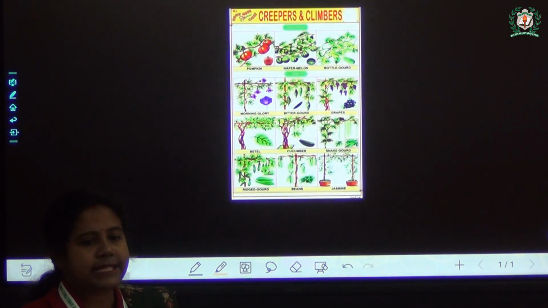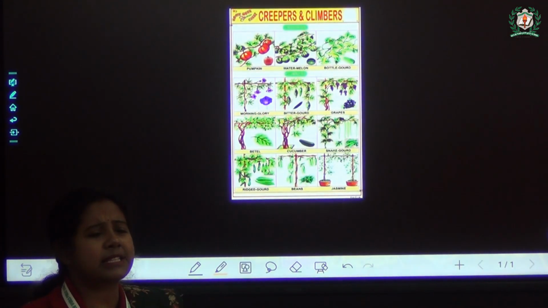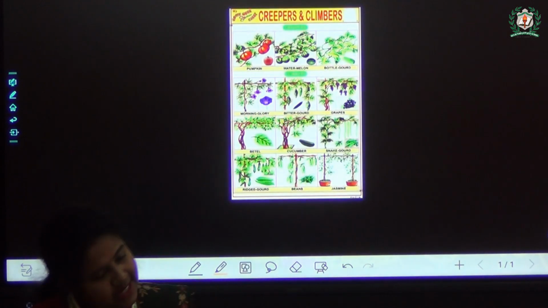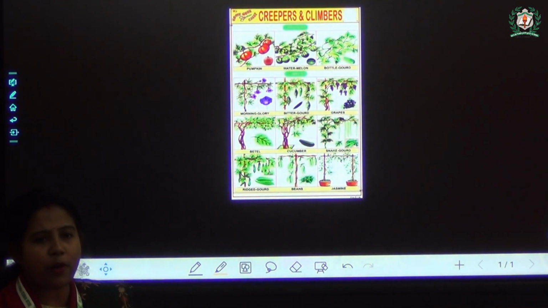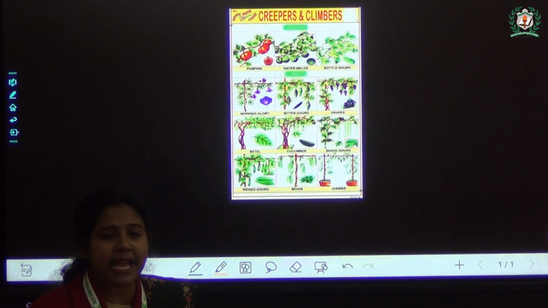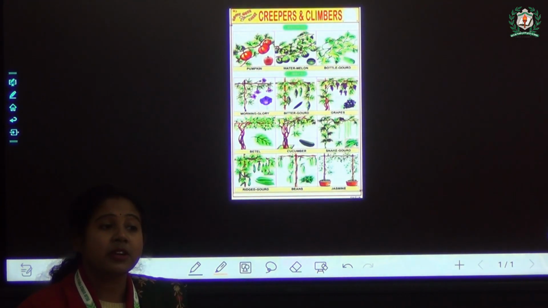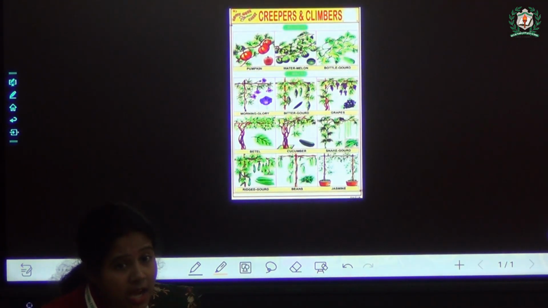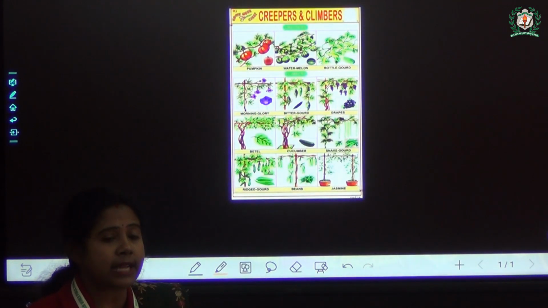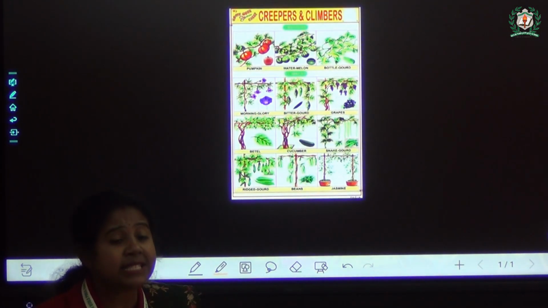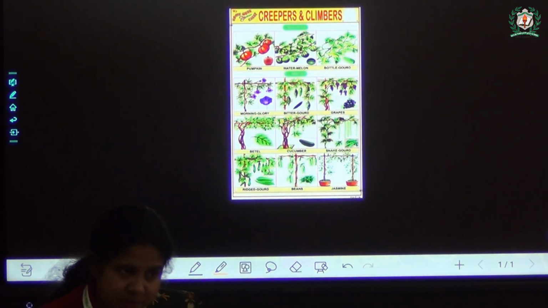Very good. Tell me one very common example of a shrub. Rose. Acha, which type of plant has a green stem? Herbs.